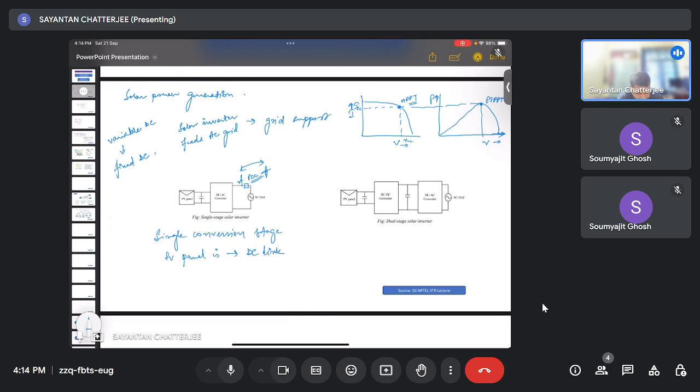And here in this case, we have a two-stage solar inverter, so here we have a dual converter stage.